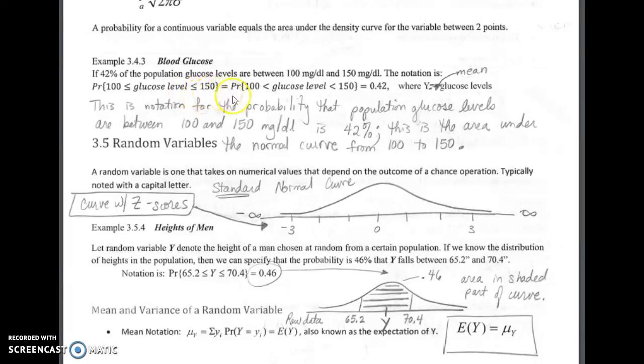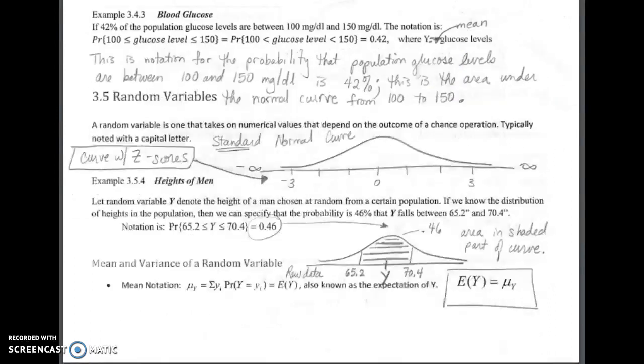And it is equivalent to the non-inclusive less than symbols, because at the inclusive we can't actually integrate. So that shows that the probability that the glucose levels are between 100 and 150 is 42%. Where we can use Y to be the mean glucose levels.